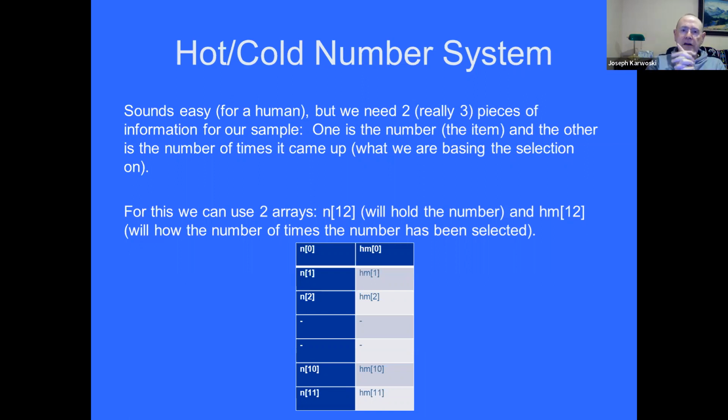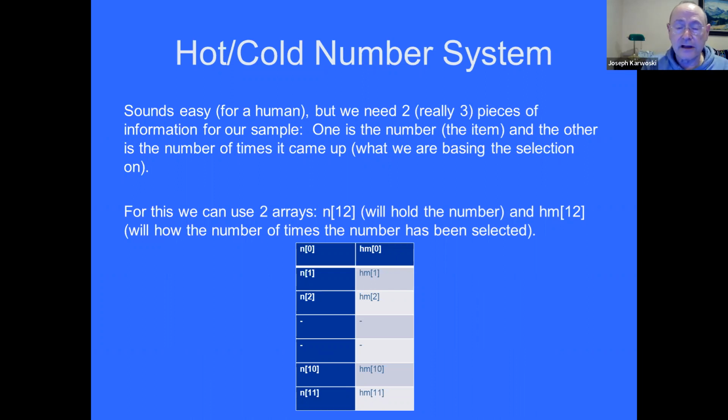Okay, we're going to need one thing being the number. Is it the number 1? Is it the number 7? Is it the number 25? What number is it? The other item is how many times has it come up?